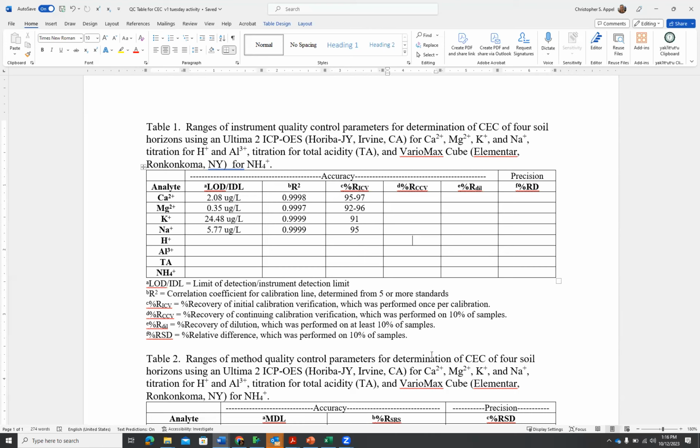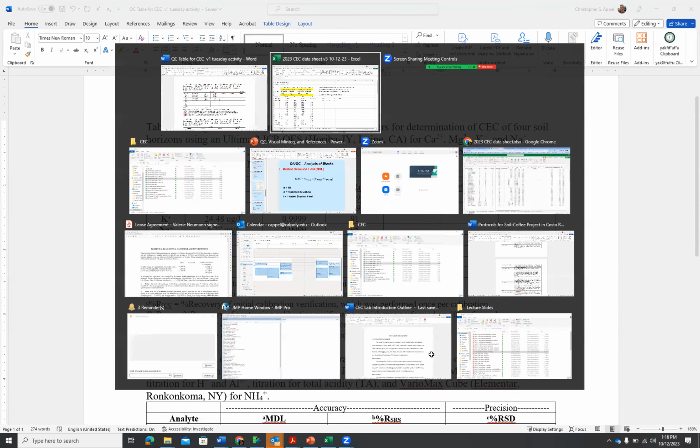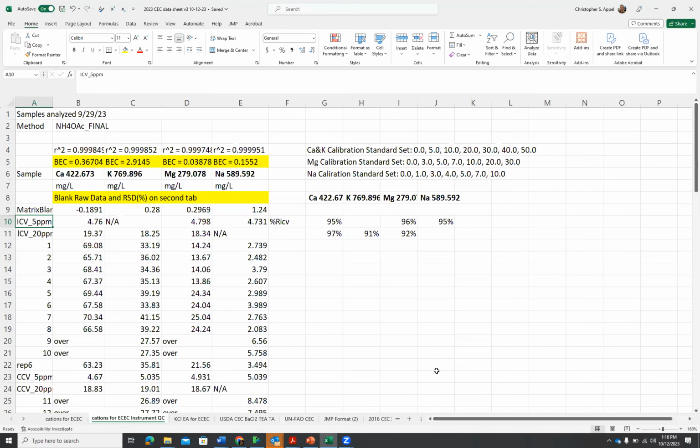Okay, next one. If you're ready, are you ready? Next one is calculating the CCV. CCV happens every 10 samples. And the CCV is listed here. You can see in a couple places we have similar concentrations. So the CCV is just running the same standard after we've run 10 samples.